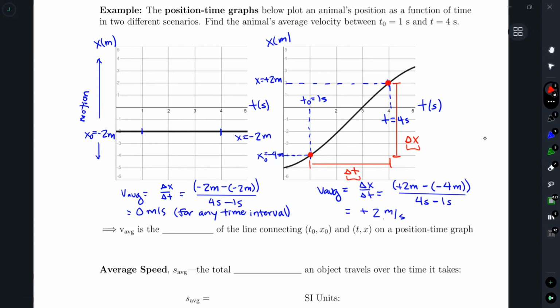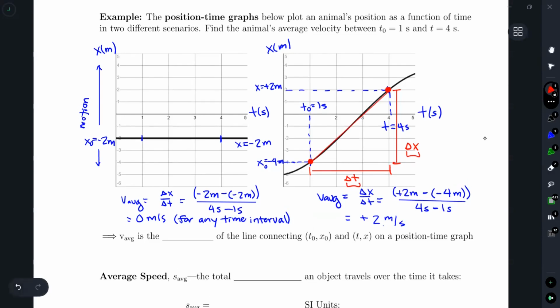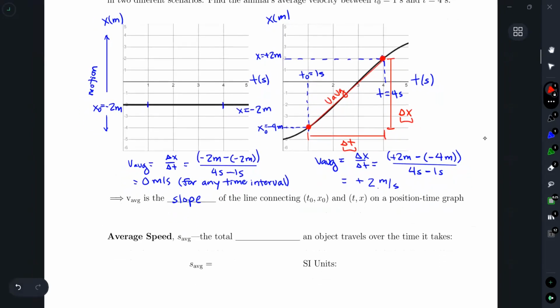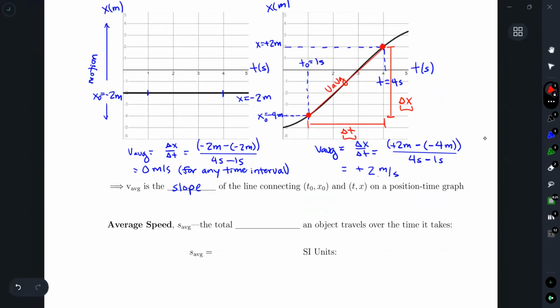The slope. The slope. It's the slope of this line connecting my 2 points. That's not necessarily always sitting on the graph, but it's that slope connecting those 2 points. And that's true in the first graph as well. It's just, what is the slope of a horizontal line? It's 0. Has no slope. Okay, so average velocity is always the slope on a position time graph.